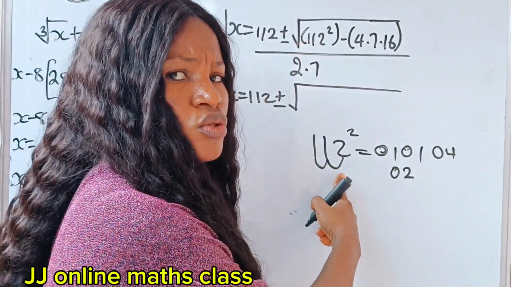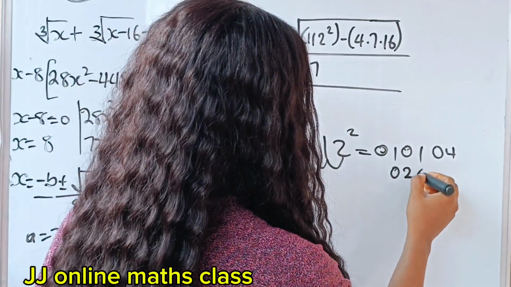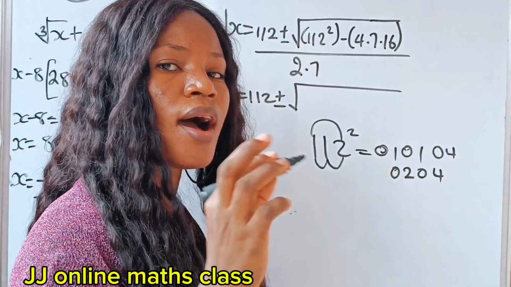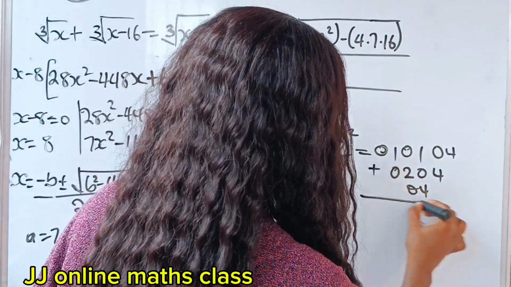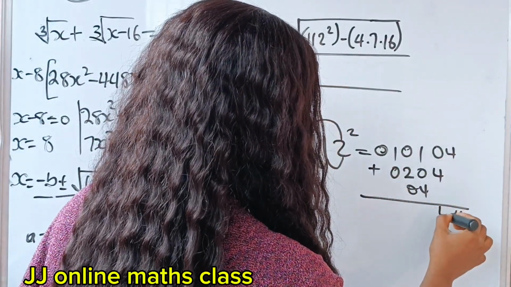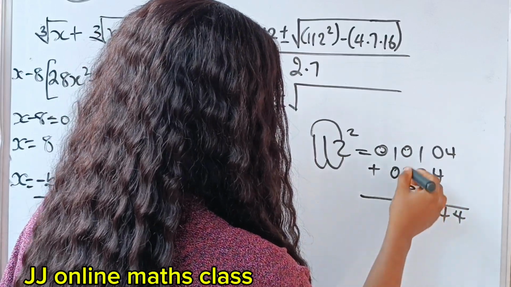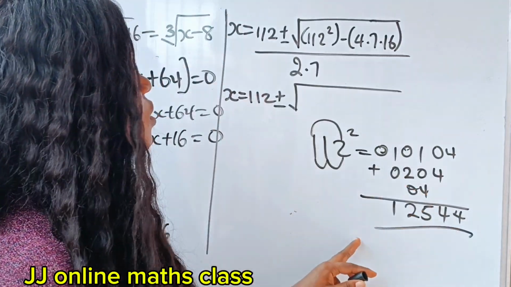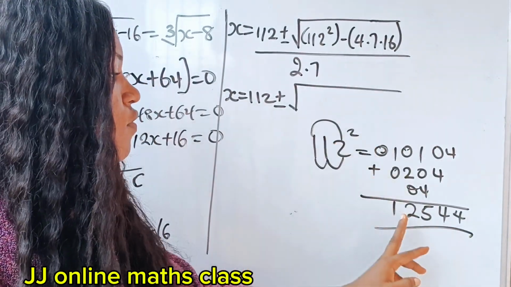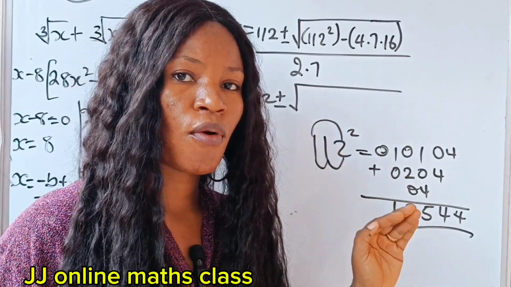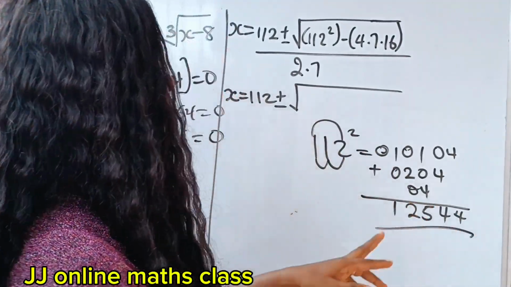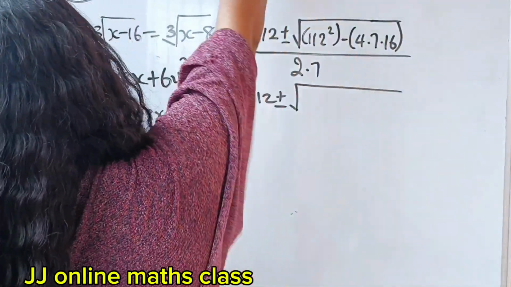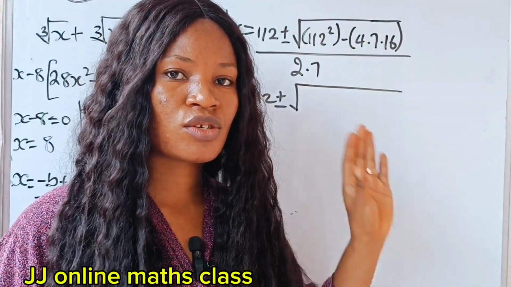Now we add, we bring down 4. 0 plus 4 is still 4. 1 plus 4 is 5. 0 plus 2 plus 0 is 2. 1 plus 0 is 1. This 0 means nothing. So this simply means that 112 squared will give us 12,544. Like I said, check the math trick on the math trick playlist.